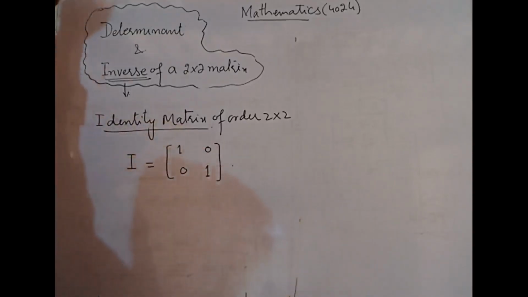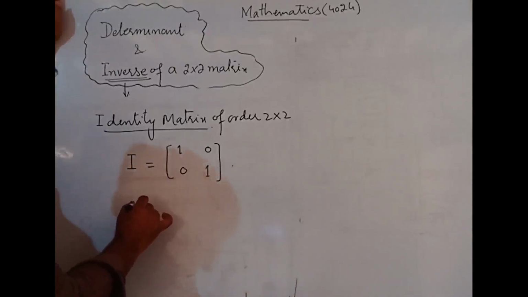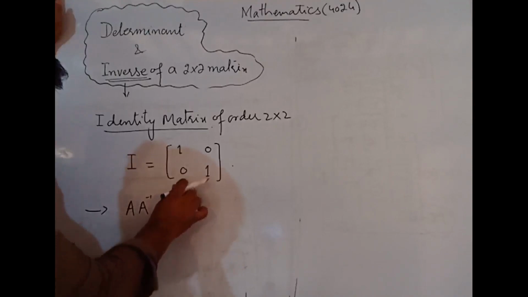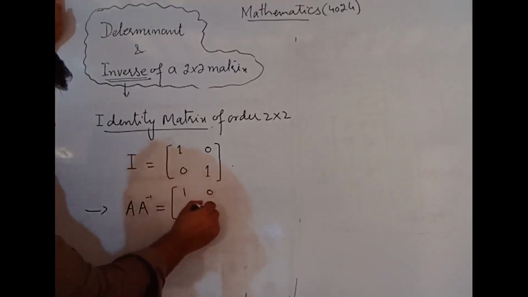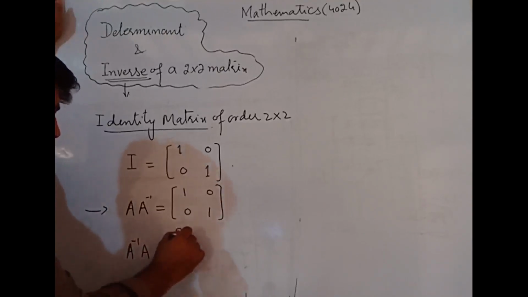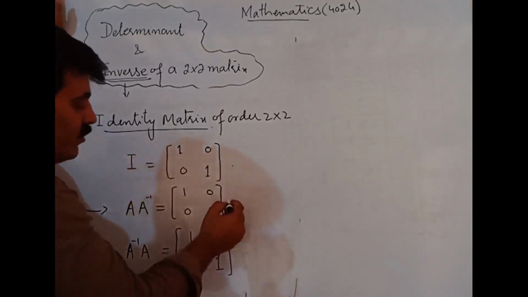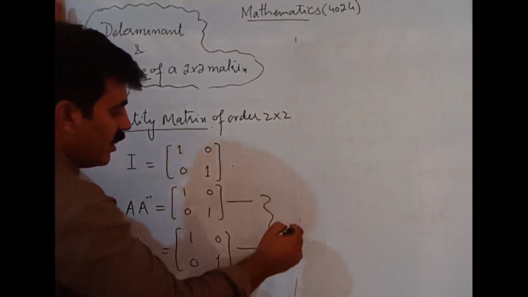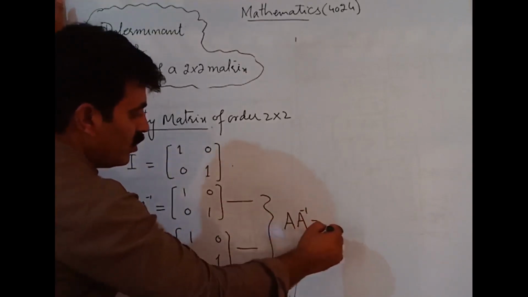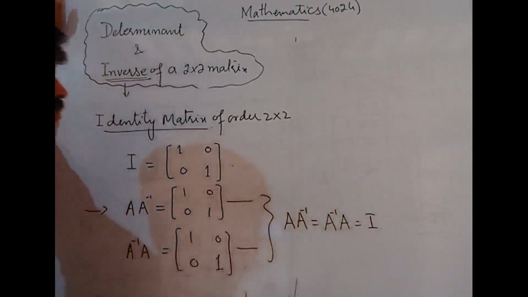What is the usage of the identity matrix? If we multiply A with A inverse, you will get the identity matrix 1, 0, 0, 1. If you multiply A inverse by A, you will get the same result. So we conclude that A into A inverse is equal to A inverse into A, which gives the identity matrix of order 2 by 2.